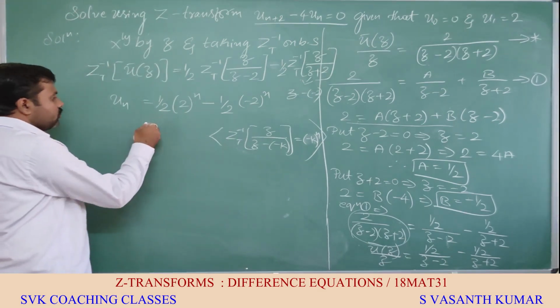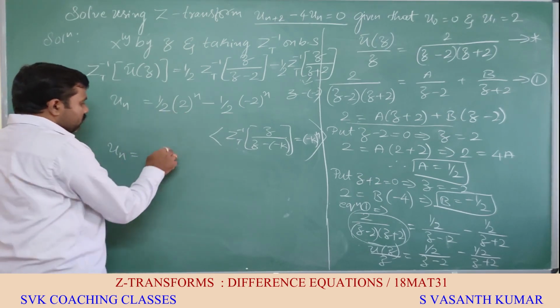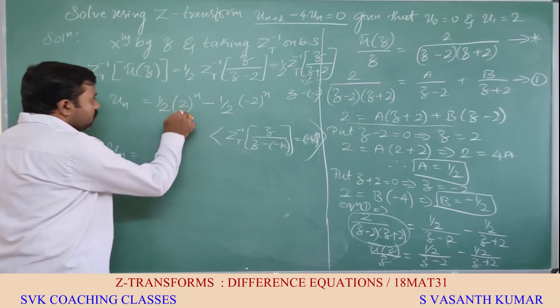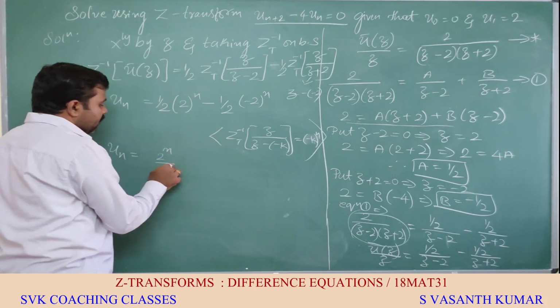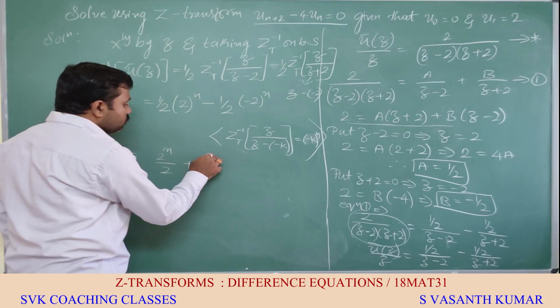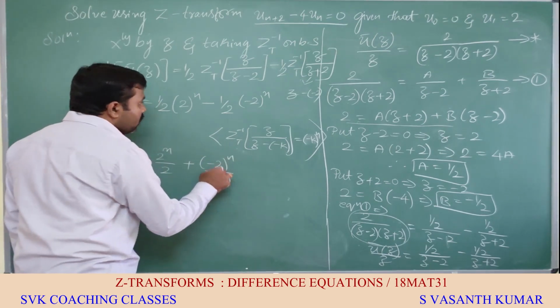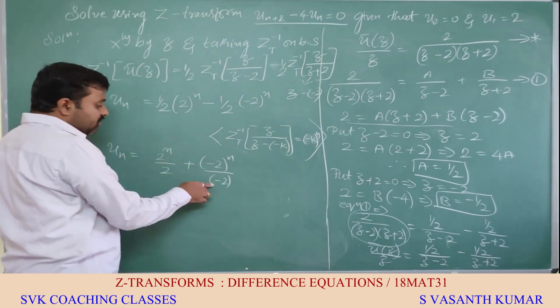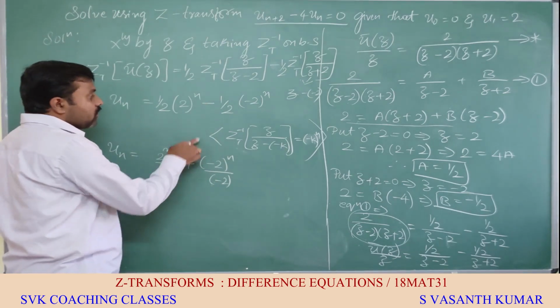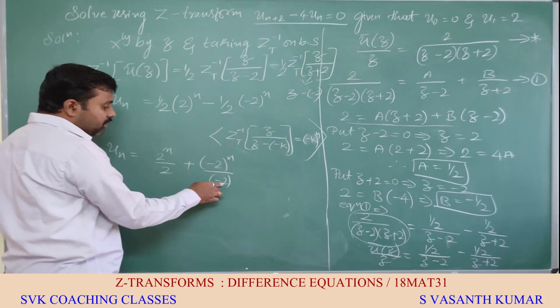So if I go with further simplification, un is equal to, we can write this as 2 power n divided by 2. This can be written as plus into minus 2 power n whole divided by minus 2. As we know that plus by minus or minus by plus is nothing but minus. So therefore I have written minus 2 power n divided by minus 2.